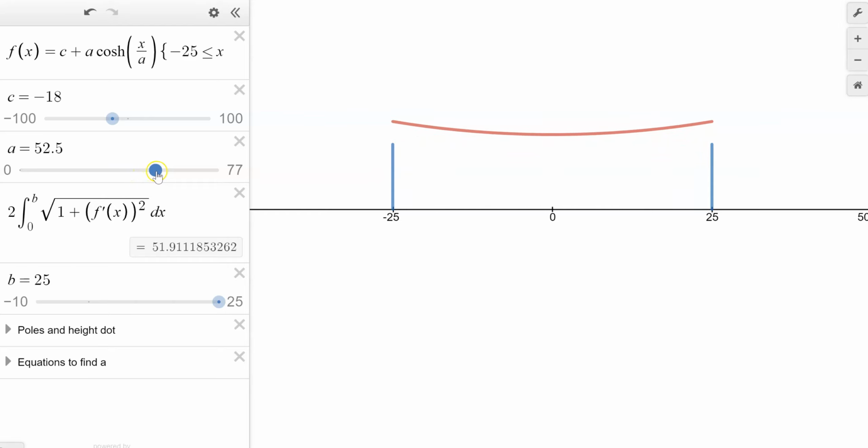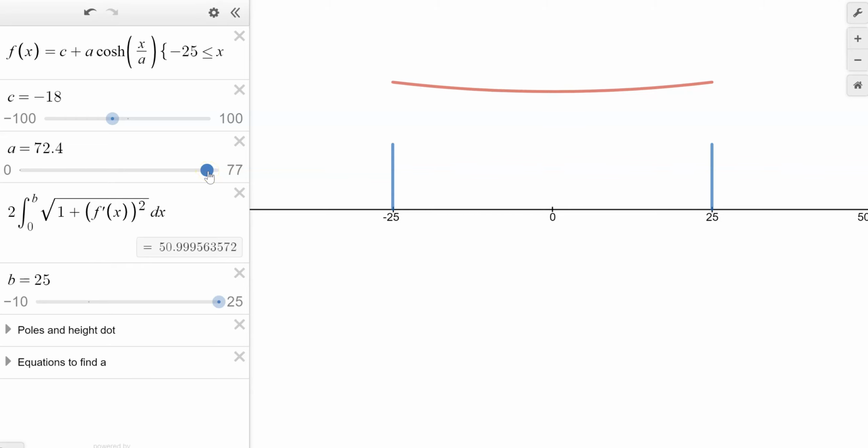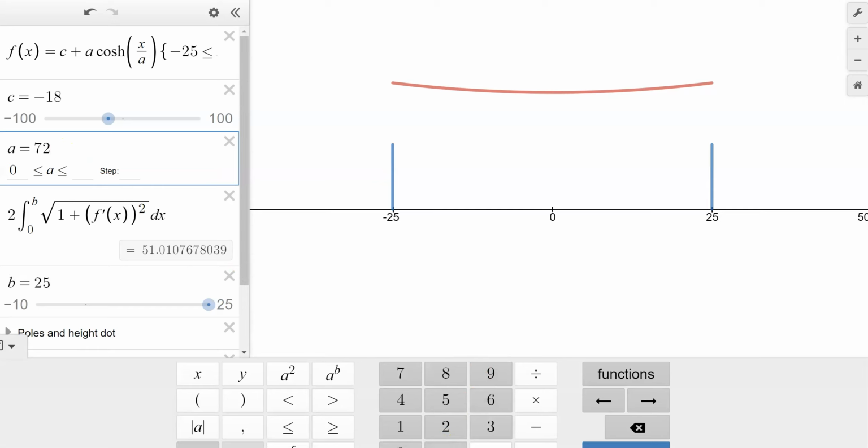And so you could sit here and keep moving it. All right, so now we're at 51, right? Keep moving it. All right, so 72 is going to be it because we hit 51, see? So 72, and you could just sit here and plug numbers in.